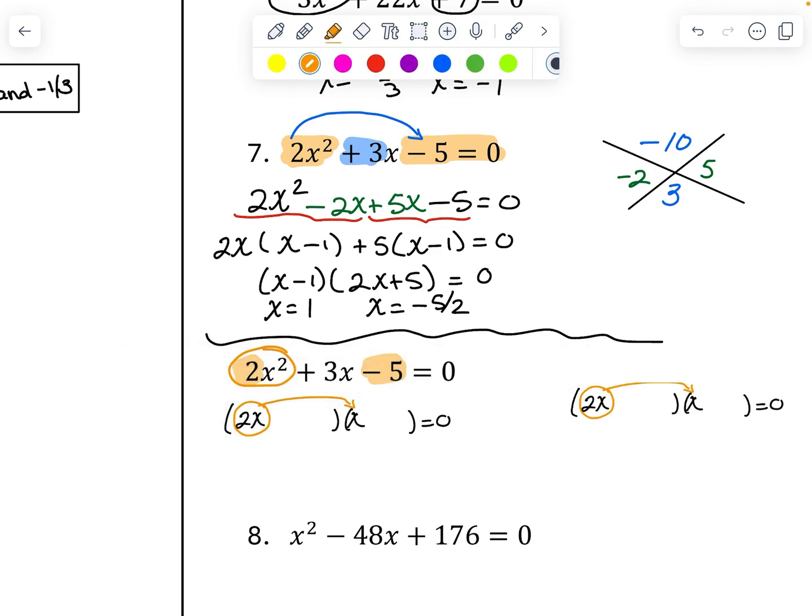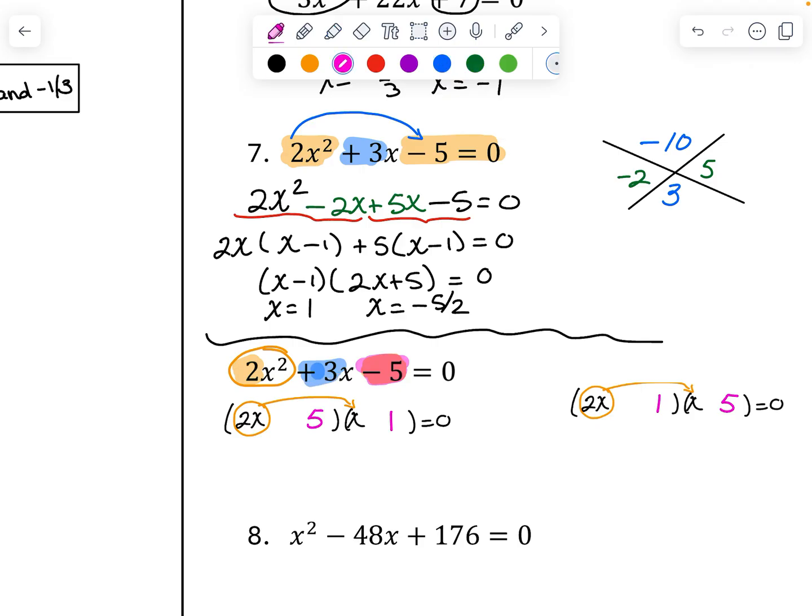Then you have this factor of negative 5. That means you have choices. You're either going to have the 5 here and the 1 here, or the 1 and then the 5. It's going to be one of those two things. And then you have to weigh in the fact that you have this positive 3.